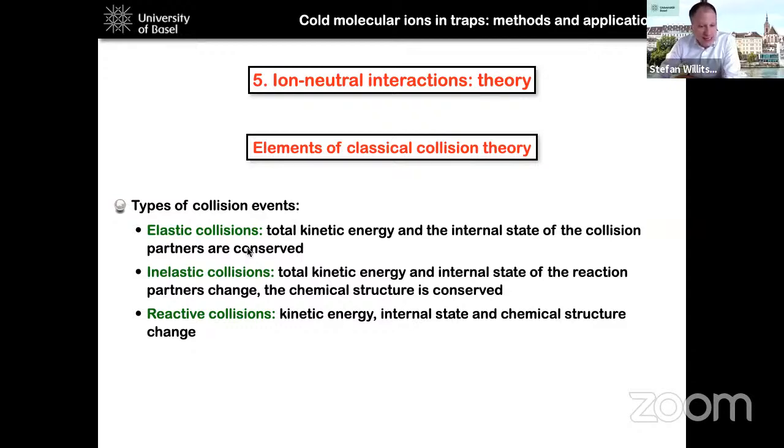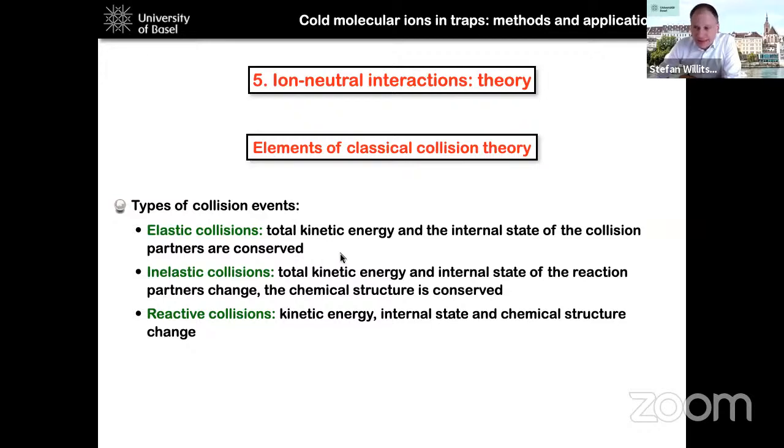The first one is elastic collisions. These are collisions where the total kinetic energy and therefore also the internal state of the collision partners are conserved, like in a classical billiard game, if you like. Then we have inelastic collisions.